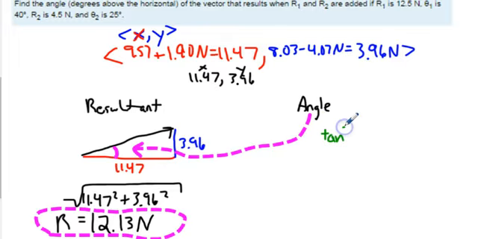I know different people write that different ways. You might see arctan or tan to the -1, and then opposite, so 3.96 over 11.47. Once again, make sure your calculator is in degree mode and input that.